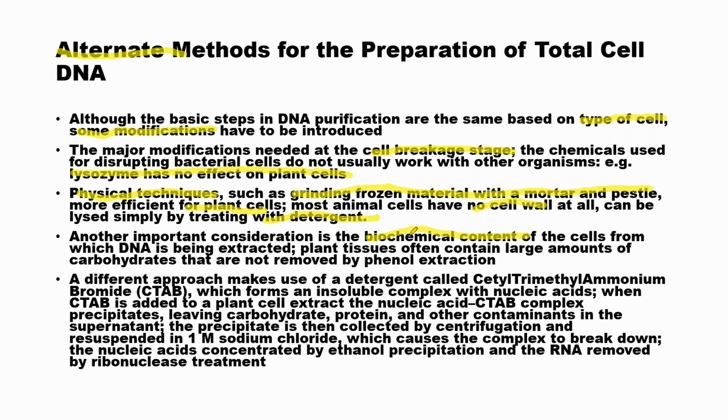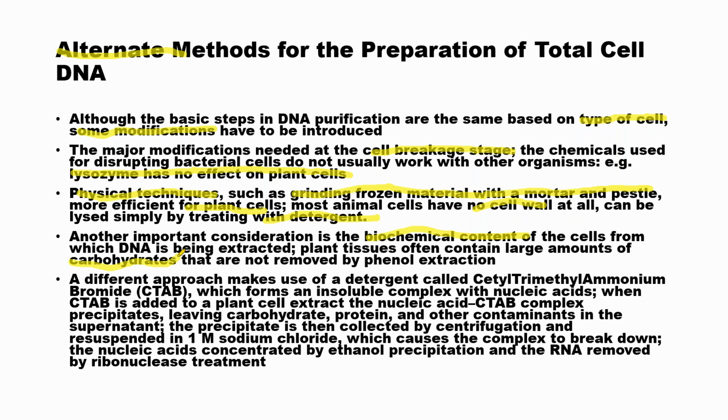Whereas plant tissues often contain a large amount of carbohydrate. So in addition to DNA, RNA and proteins, we have to deal with carbohydrates also when we are going for plant cell extract preparation.